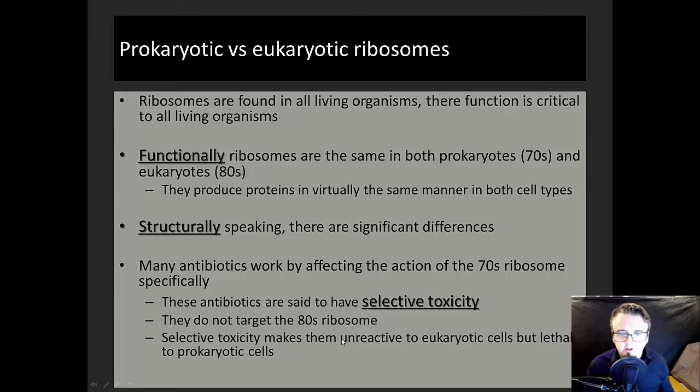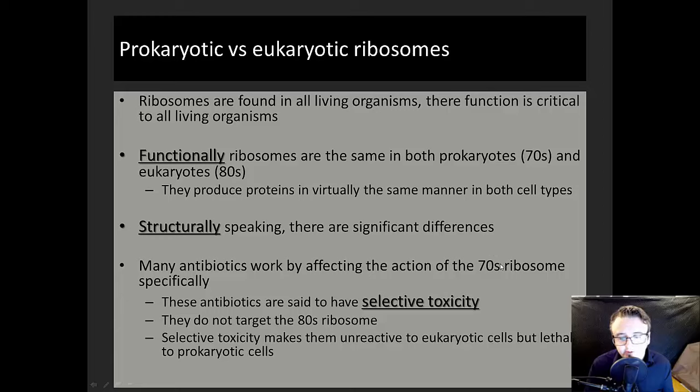As humans, we're eukaryotic, and the bacteria that may be infecting us are prokaryotic. So if we can find a fundamental difference between these two cell types, we can target that difference in the prokaryotes and theoretically have what's referred to as selective toxicity, a drug that only targets a microbe like a bacteria and not a eukaryotic cell. This is something that can apply in reference to the ribosomes.